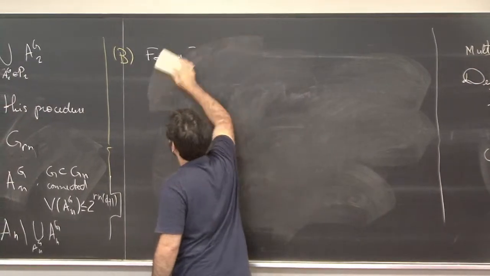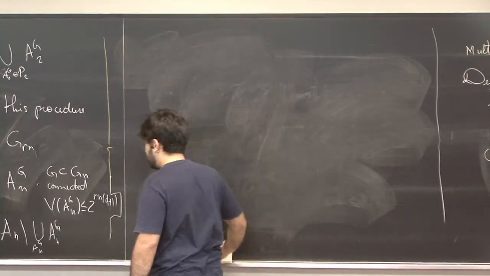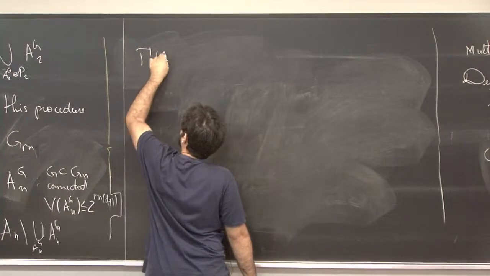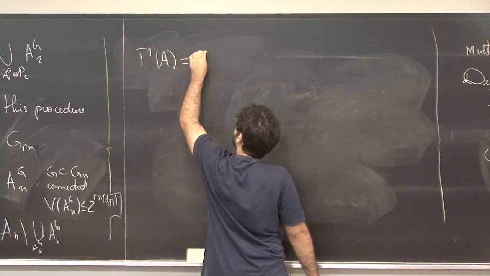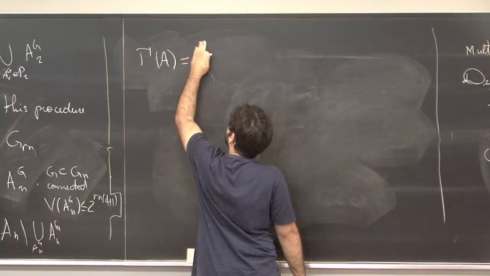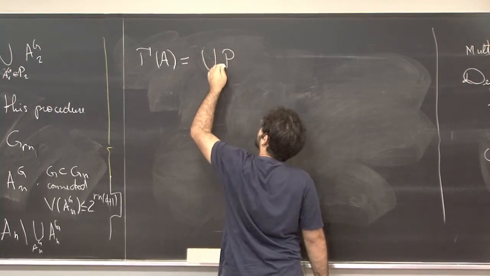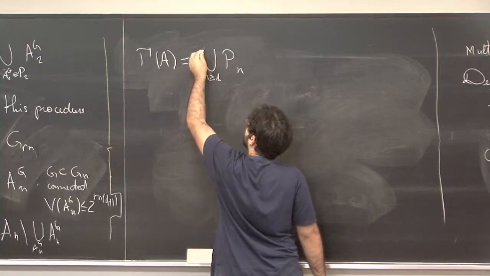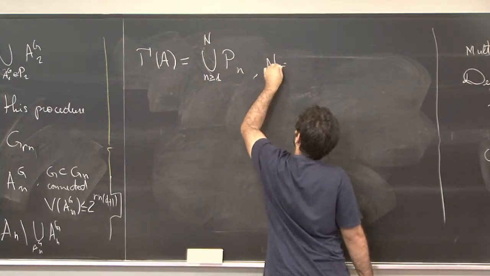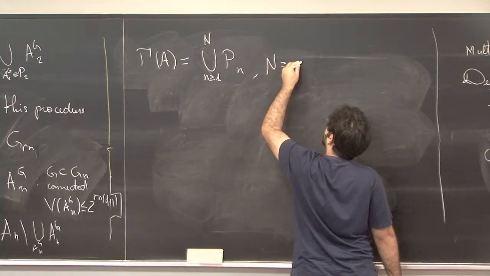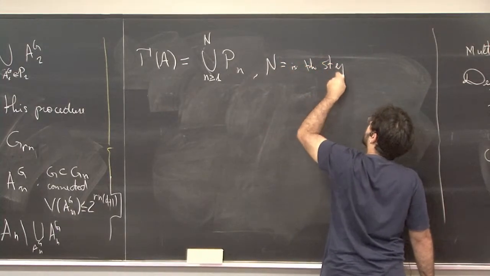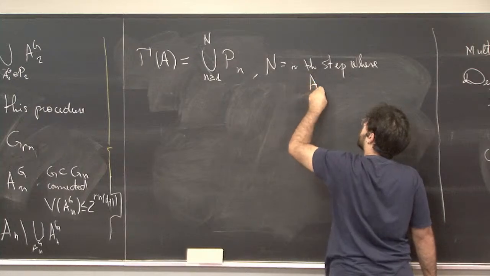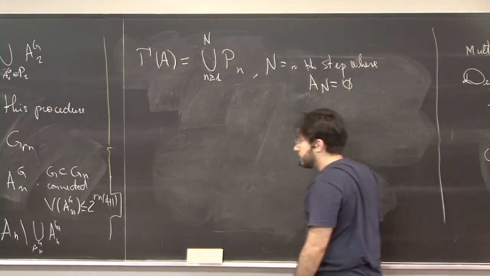So this means that this procedure stops eventually, and then we construct the candidate for an MA partition as being the union of the Pn's, n larger than 1, until some number n, where n is the step where An is eventually empty.